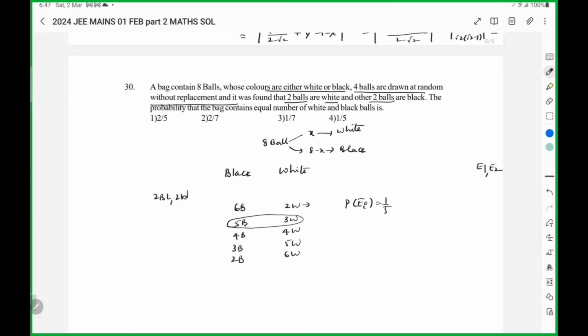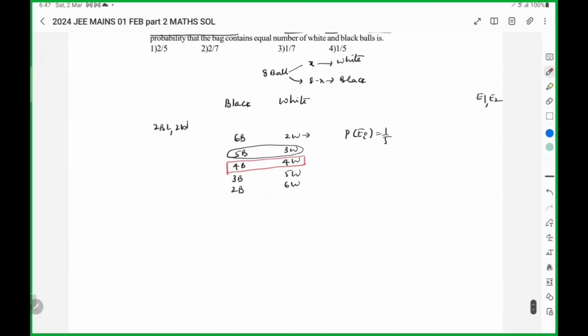There are five events now. Finally, what he is asking is equal number of white and black balls. So conditional probability that they found two black, two white. What is the probability that bag contains four black and four white?